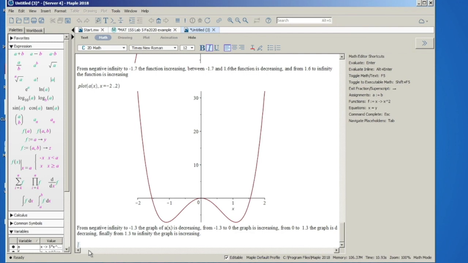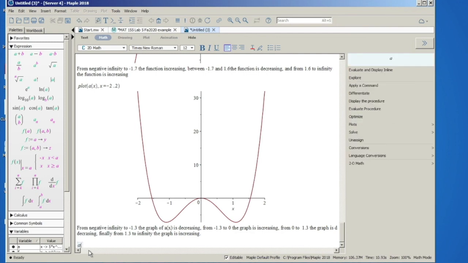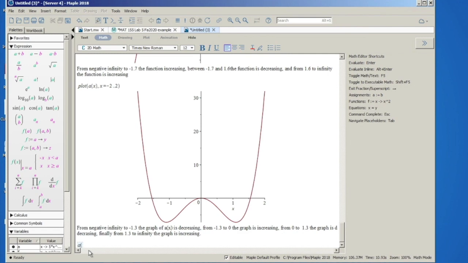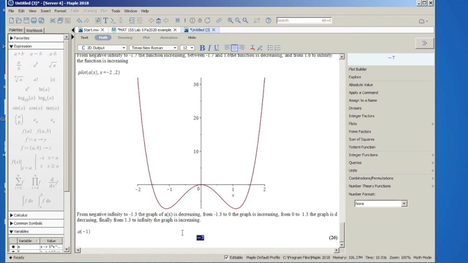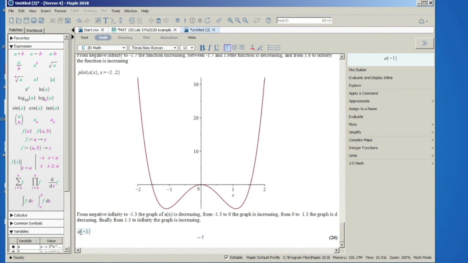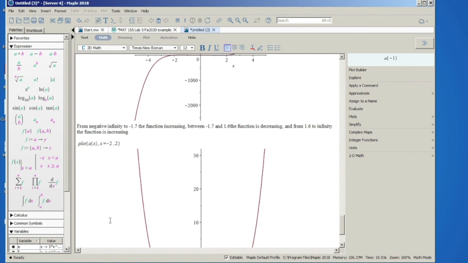For instance, if I took a of x and I made x be equal to negative 1, then I have negative 7. What this means is that on the original function, you are decreasing at the point x equals negative 1.